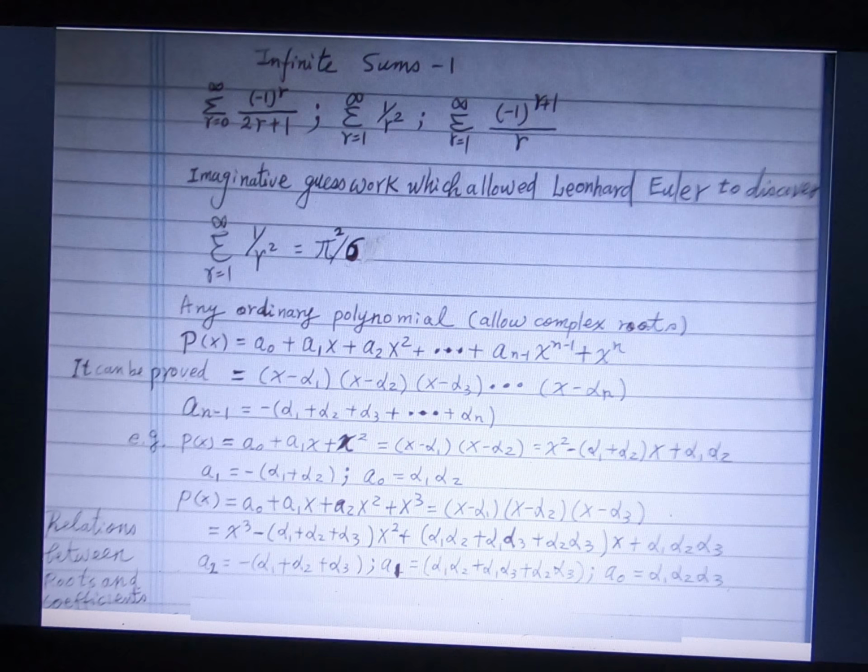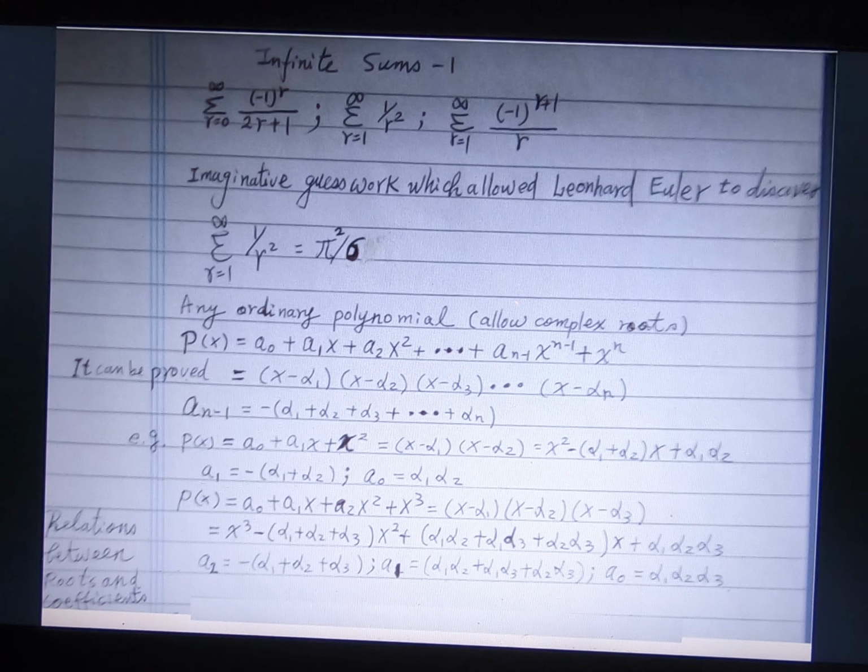Okay, I will show you another example. It is this one, the infinity series 1 divided by r squared, which is equal to pi squared divided by 6.